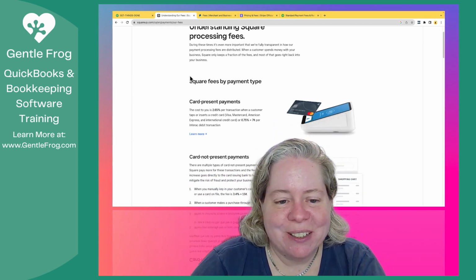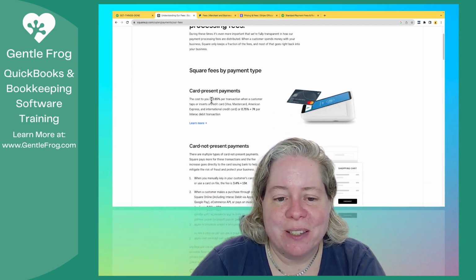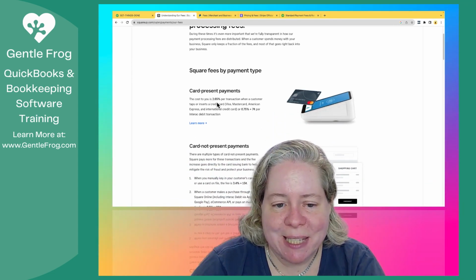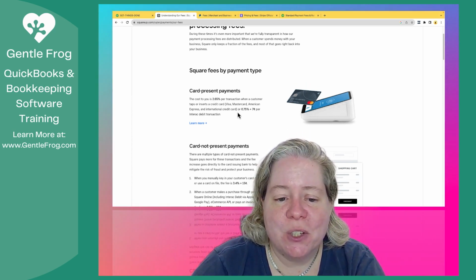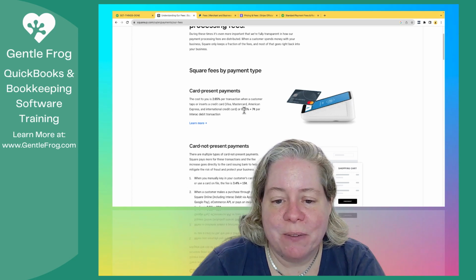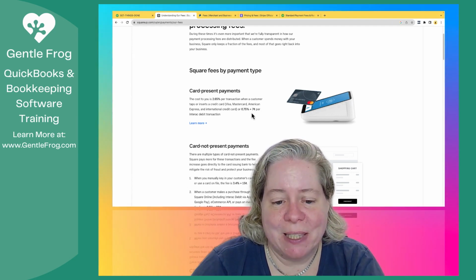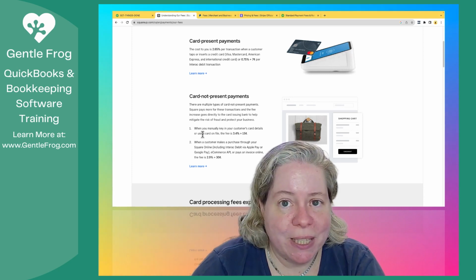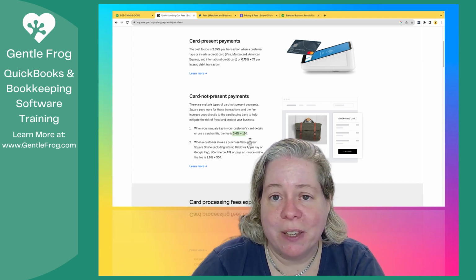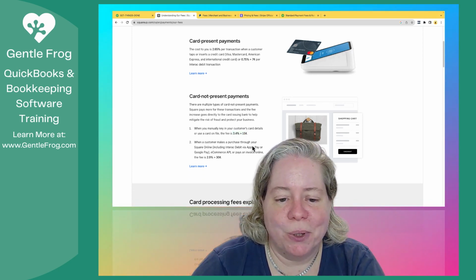Let's look at Square. The Square processing fee is 2.65%. That's for your credit cards. Or if you do Interac debit, it's 0.75% plus 7 cents. Credit card not present, so if you're manually keying in the credit card number, higher fee. That's typical across the board.